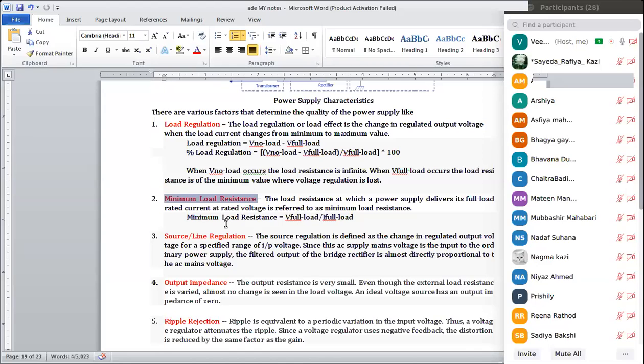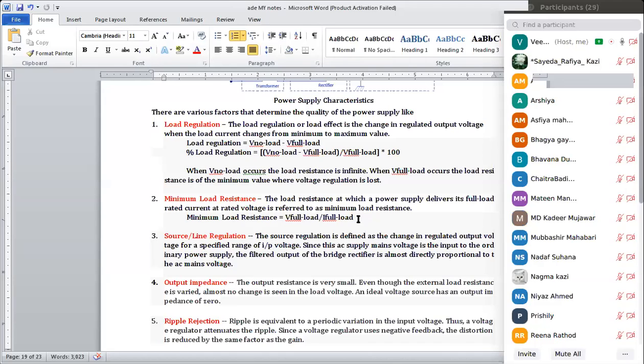When it is full load, that is full output at 5 volts, the load resistance is minimum. So this is calculated as V full load divided by I full load, obviously, the resistance is equal to V by I, Ohm's law.